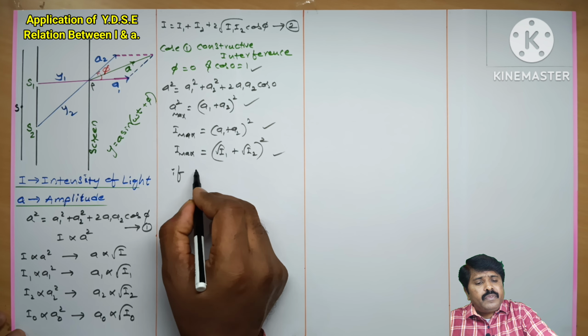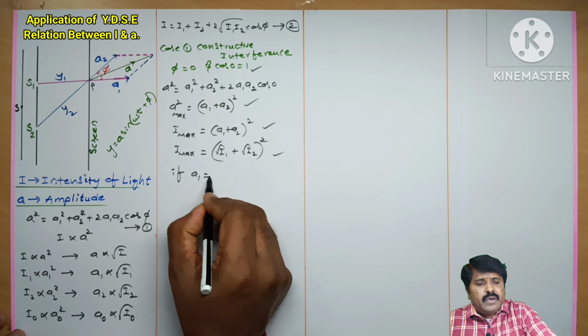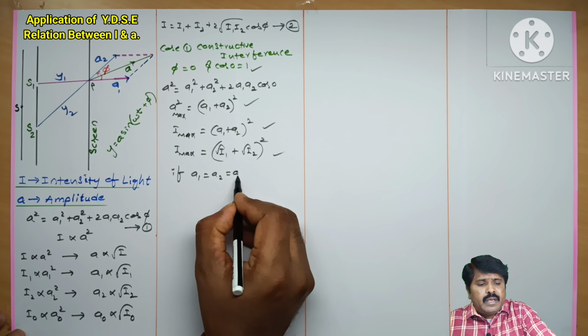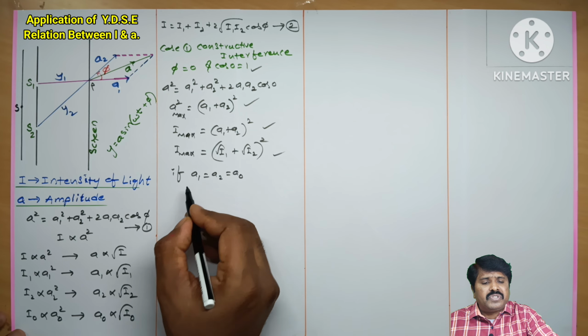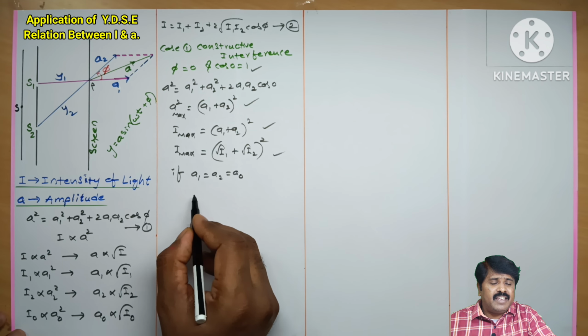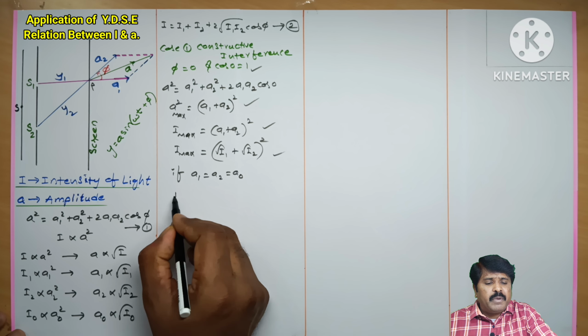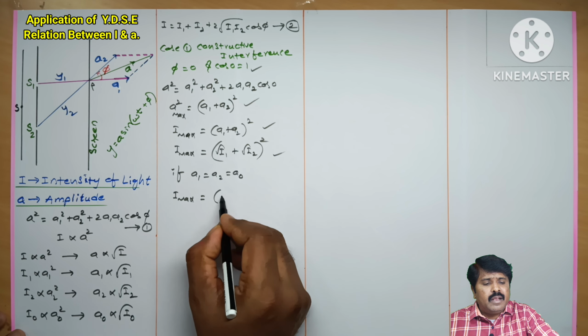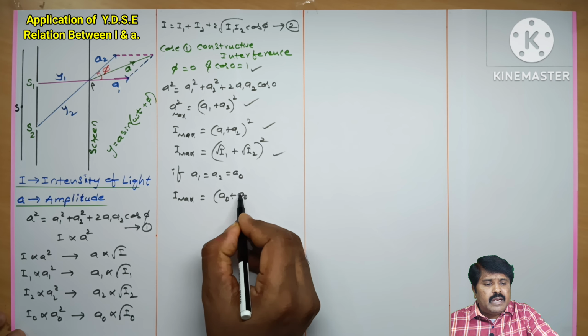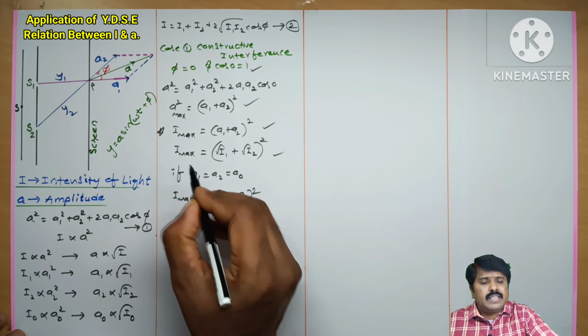If A1 is equal to A2 is equal to A0, replacing in the intensity equation, the maximum intensity I max is equal to (A0 plus A0) whole square, replaced in this equation.